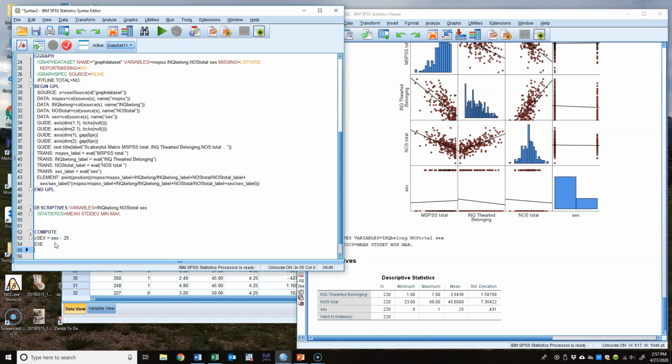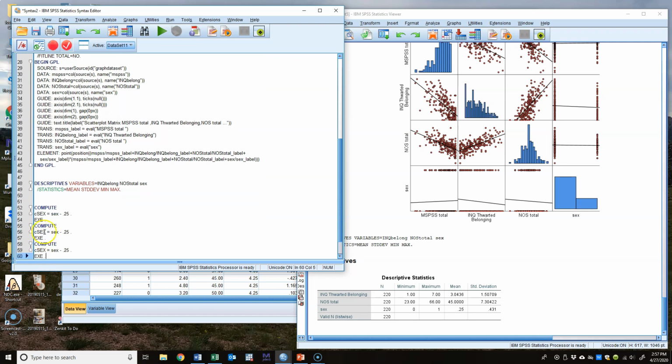Then I'm going to create two more variables just to center NOS. It is going to be my NOS variable minus my mean, which is exactly 45. That's weird, but whatever. Okay, and then my centered belonging variable.